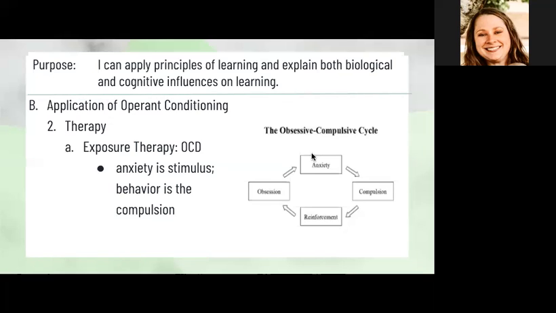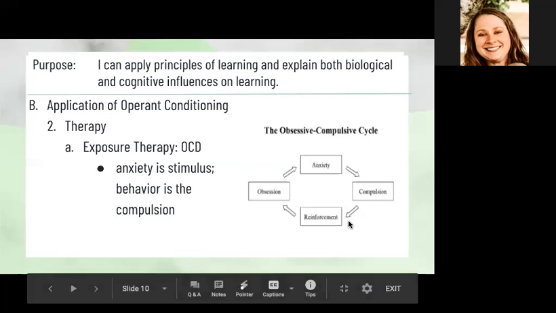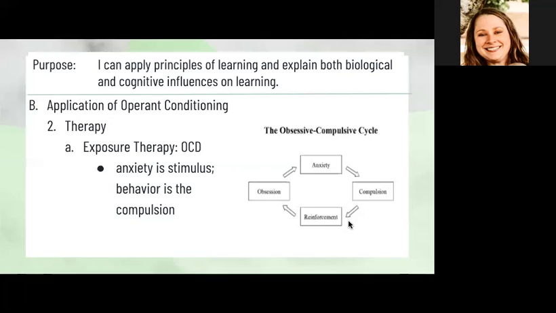The person has the anxiety that they have germs on their hands and that they're going to get sick. So the compulsion then is going to be to wash their hands, which then removes the anxiety. That's that negative reinforcement. There it says reinforcement. And then it goes back to being obsessive, because that is only going to take away the thought momentarily.